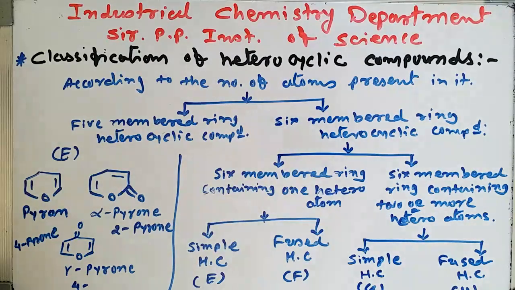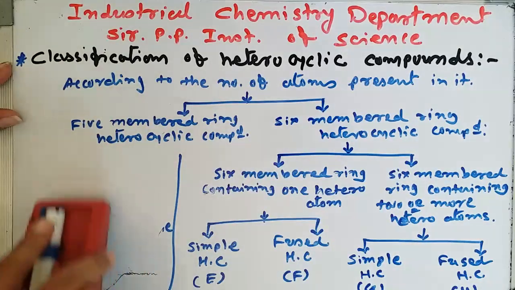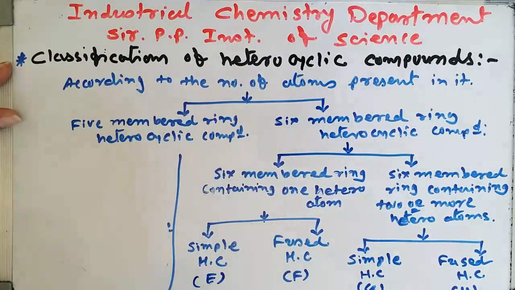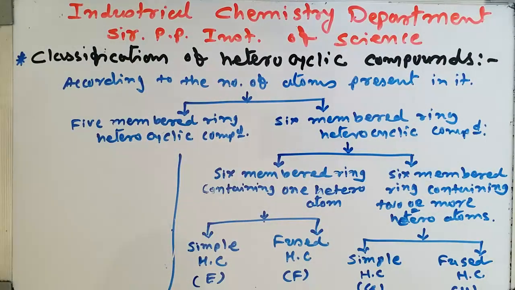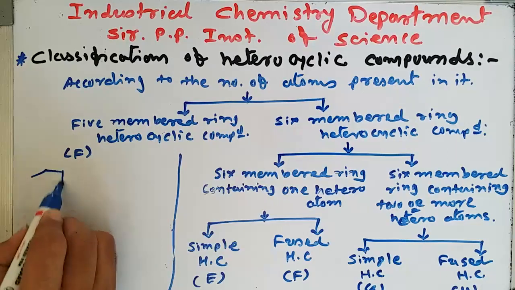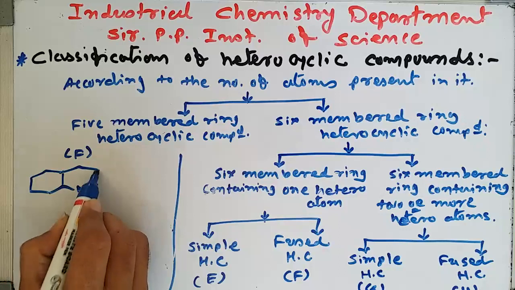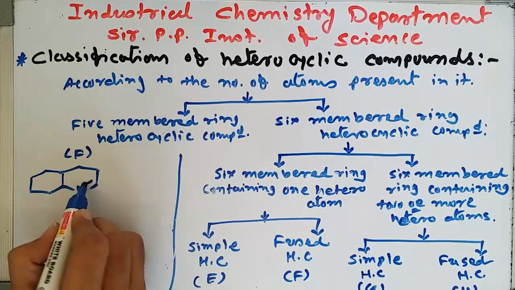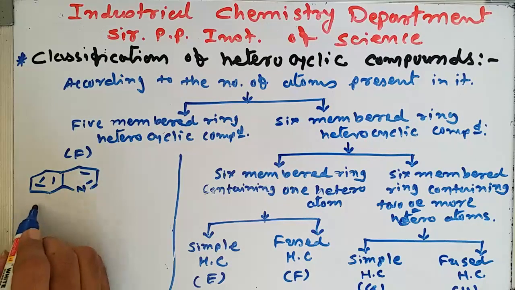Now we see one heteroatom with a fused system. That is F, the fused system. It is known as quinoline.